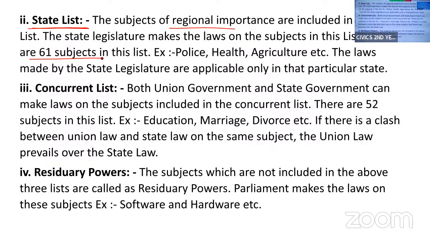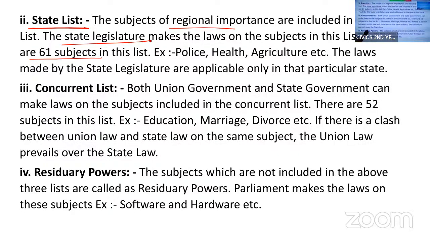Then who will make the laws? The state legislature will make the laws for the subjects in the state list. Union list, parliament makes the laws; state list, state legislature makes the laws.